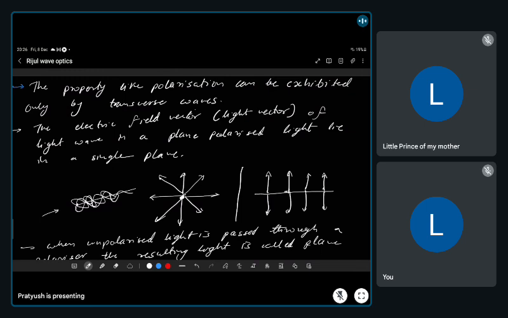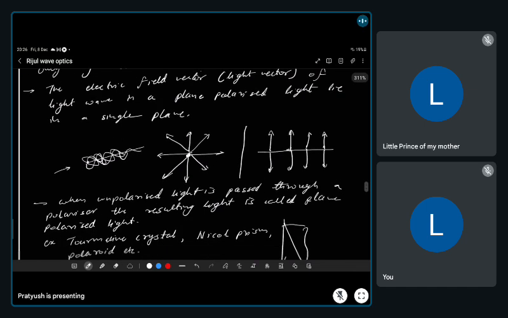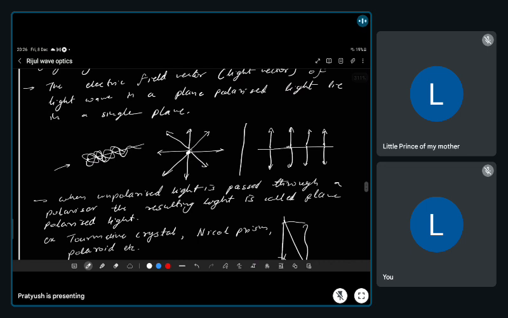It is sinusoidal, but the electric field vector of a light wave in plane polarized light always lies in a single plane. This is a plain piece of paper. This light is always there in a single plane.